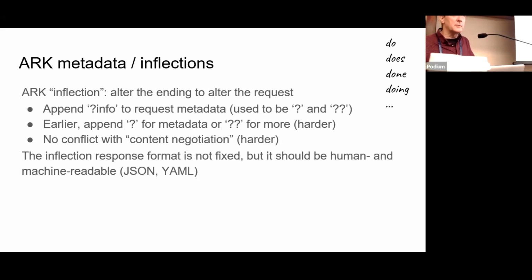There's something similar. You've probably heard of content negotiation, which you can also use to get metadata for objects, and there's no conflict. ARKs can do content negotiation as well. In my opinion, it's a little harder to do that because you need to mess with the HTTP headers, and you're also a little more limited, because content negotiation has this concept that certain formats are set aside for metadata.